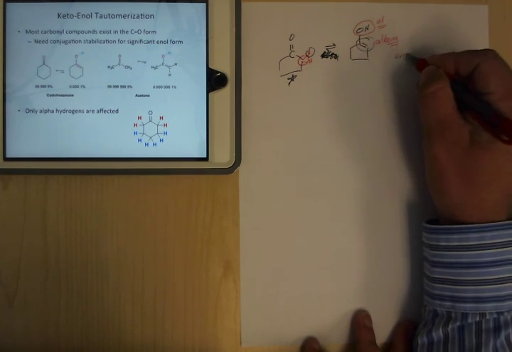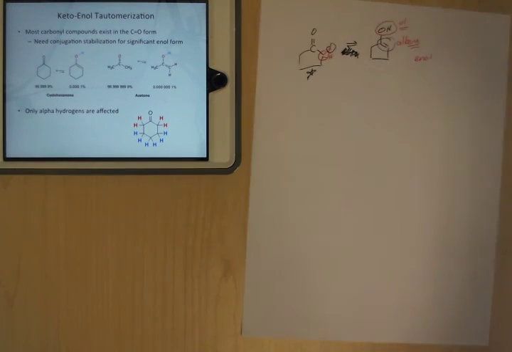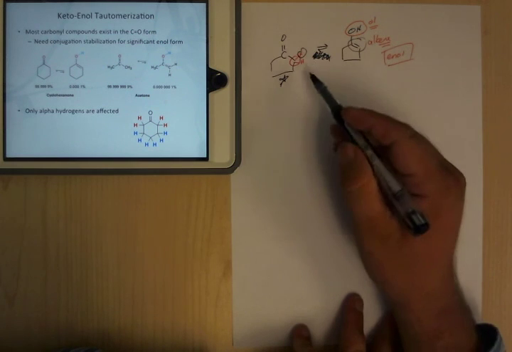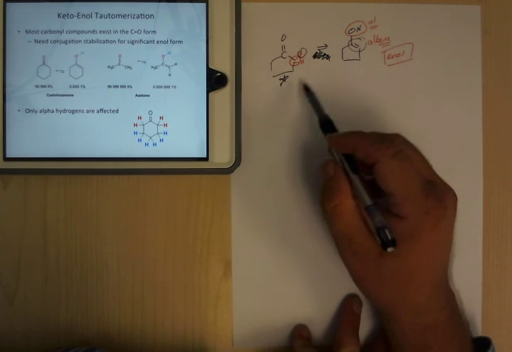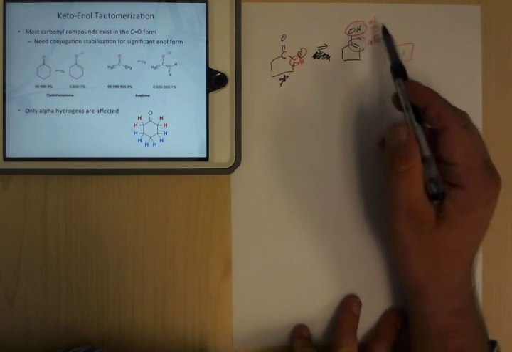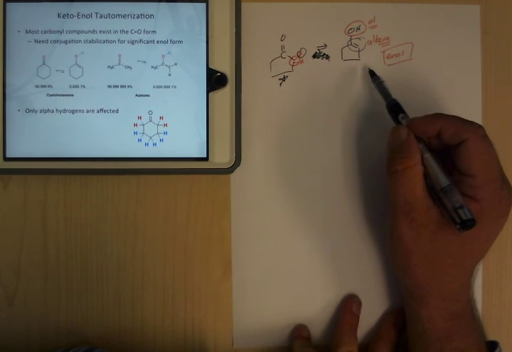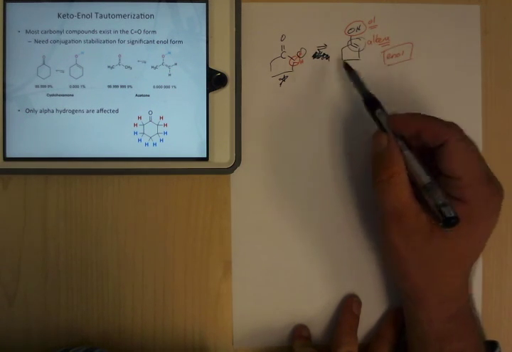Most of the time it's going to stay in the regular ketone form, with a very small percentage in the enol form. But that's okay. We can work with that.